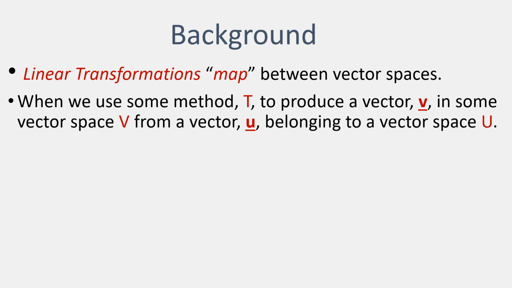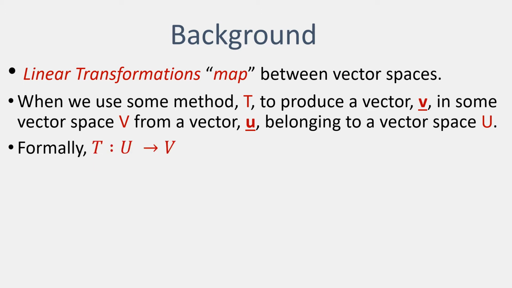In effect, what I mean by a mapping is we have some method, let's use capital T, and this method produces a vector V which belongs to some vector space, and the way it produces that vector is from another vector U which also belongs to a vector space.